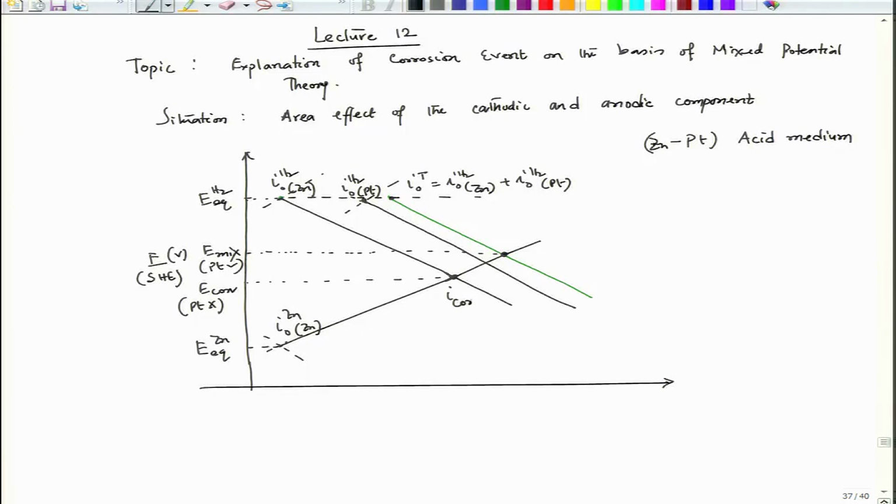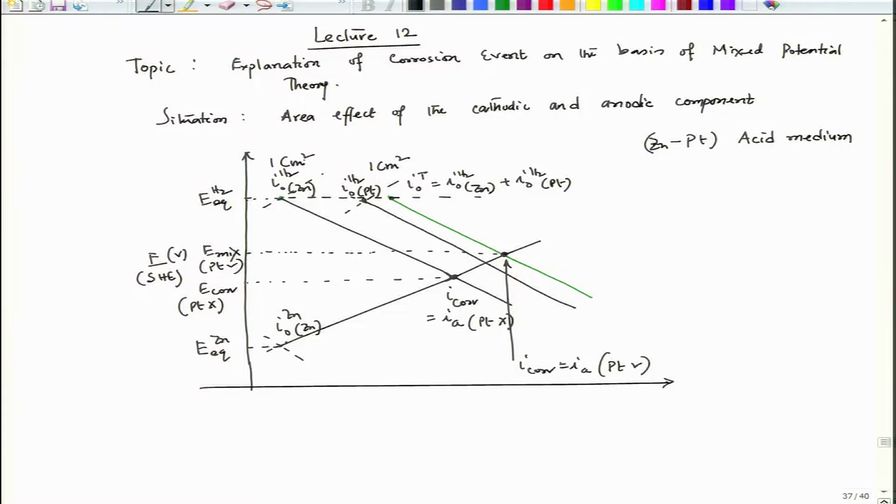This is I core equal to IA when platinum is not there, and this is I core equal to IA when platinum is connected. So, these are the differences we have seen, but in both the cases this area was 1 centimeter square, this was also 1 centimeter square.